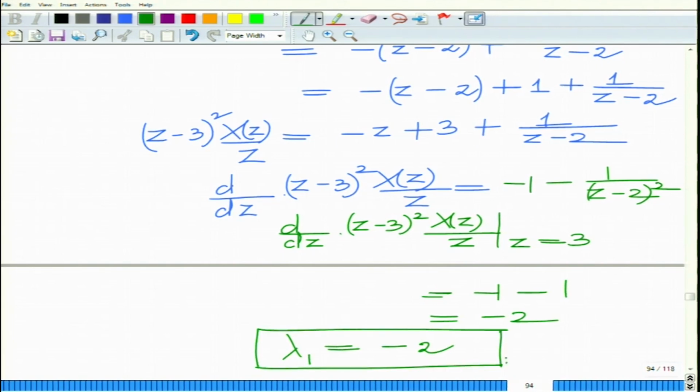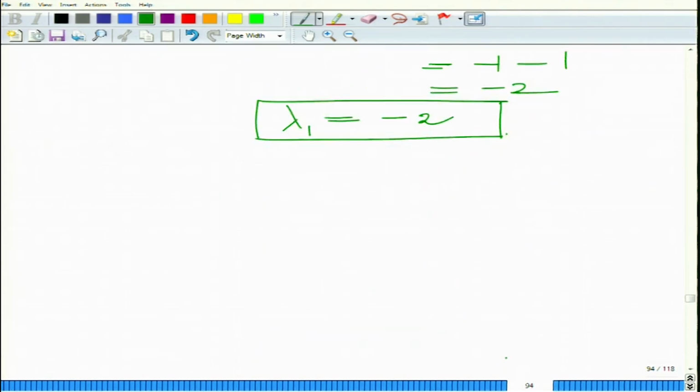So, we have lambda 1 equals minus 2, and therefore X(z) over z equals 1 over z minus 2, that is your C 1, which is 1, plus lambda 1 over z minus 3, where lambda 1 is minus 2.